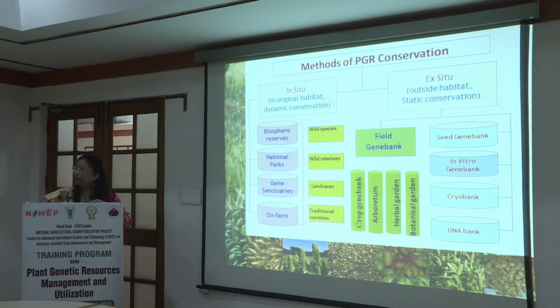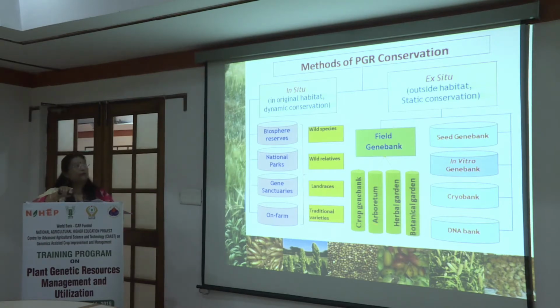Yesterday you had a talk on how we do germplasm conservation using cryopreservation techniques in the cryobank, and also part of it must have been discussed about genomic resource conservation, which is also done at various temperatures including cryobank. The field gene bank, you can have different methods like the crop gene bank or the arboretums or the herbal gardens or the botanical gardens.